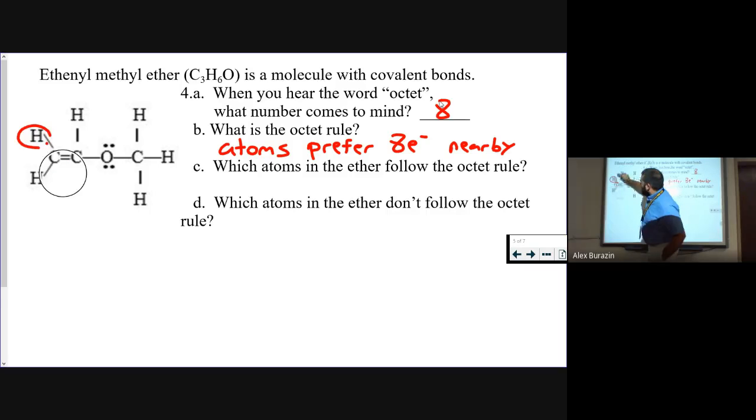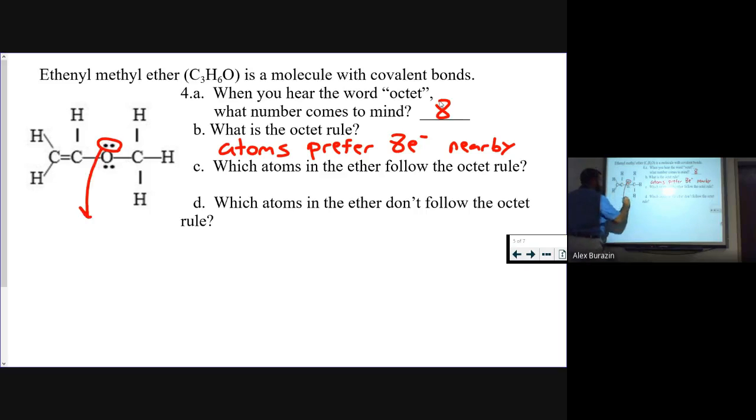The other thing we have are the dots. The dots are maybe even a little more simple. These are called lone pairs, all right? And I'll write that down somewhere. It's called a lone pair of electrons. It's 2. Each dot is 1 electron. So sometimes in our molecules, a lot of times in our molecules, actually, we have extra valence electrons that aren't actually in any bond.